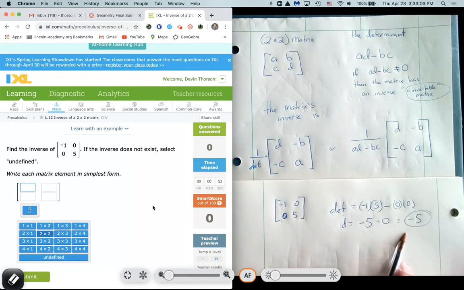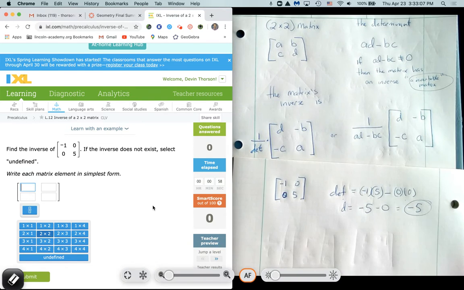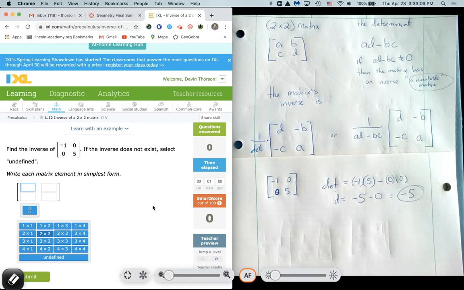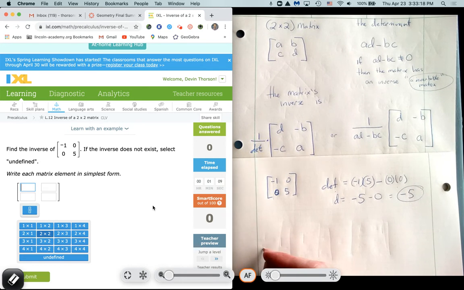Since my determinant is -5, or a non-zero number, this matrix will have an inverse. And the way I find the inverse is I take the reciprocal of this. So I'm going to do -1 over 5, and I'm going to distribute it in, because that's a scalar.